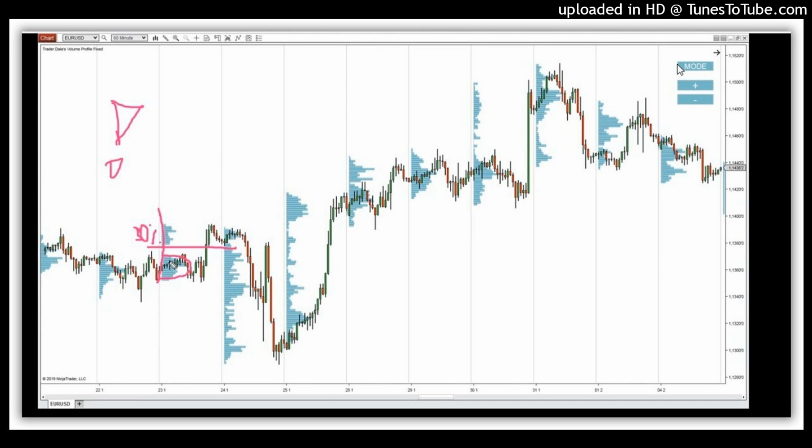Alright, then there is a B-shaped profile, which is pretty important because there was aggressive selling activity, and then the lower prices got accepted. So if you look at this whole area, you can see that the volumes are shifting downwards.